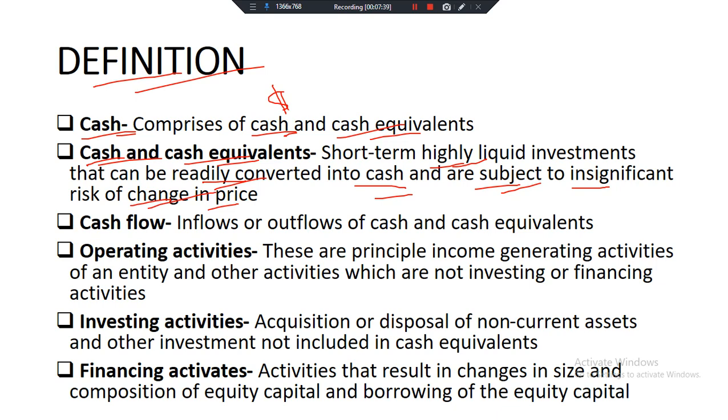So largely money market instruments are the ones that are cash and cash equivalents. They can be easily converted into cash, and they're subject to insignificant levels of risk.